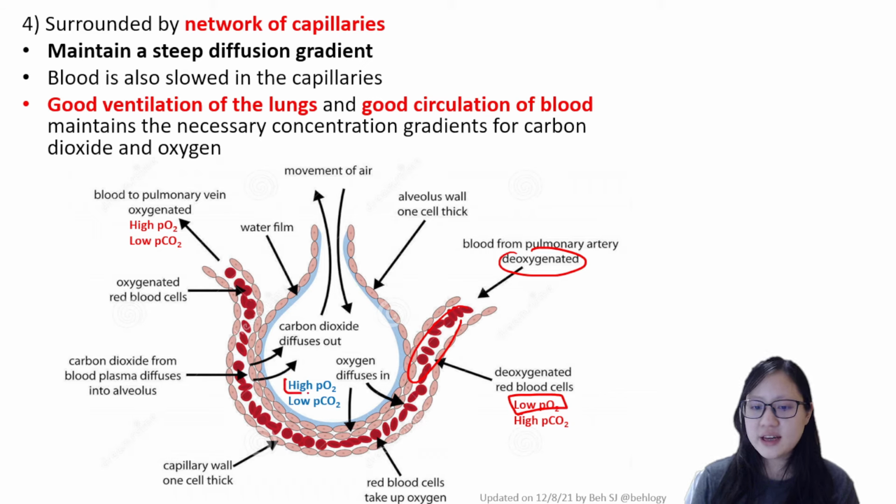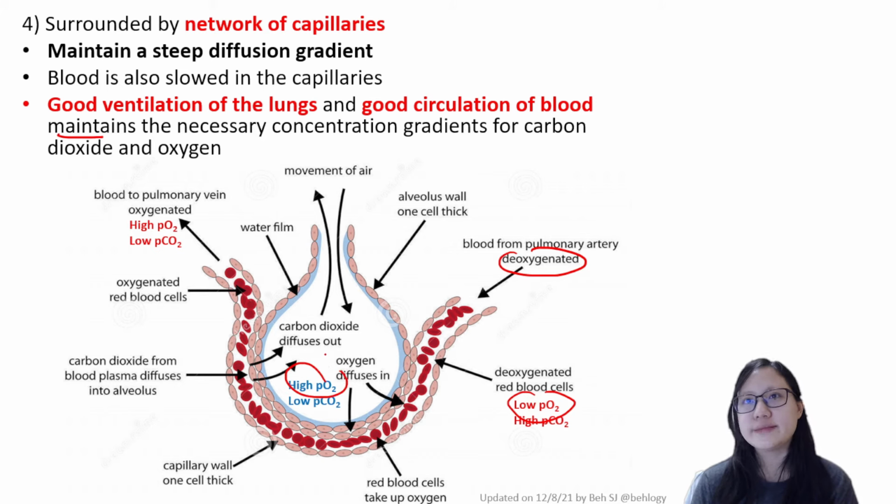However, in the alveoli, there is high PO2, and therefore oxygen would diffuse in. That is a diffusion gradient, and it is maintained because there is good ventilation in the lungs and circulation of blood. What it means is that the air keeps moving in and out, whereas the blood is being pumped continuously, so it's moving forward. Therefore, there's always incoming blood with low PO2, and there's always air here that has a higher partial pressure of oxygen.